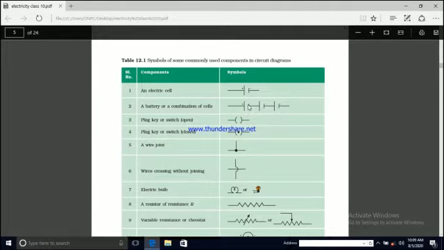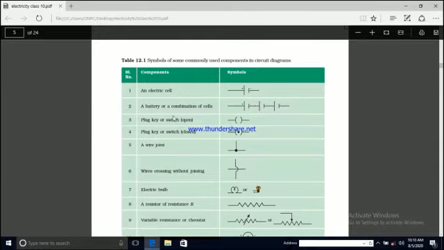The negative terminal of the first cell is connected to the positive terminal of the second cell, and the negative terminal of the second cell is in turn connected to the positive terminal of the third cell, and the negative terminal is in turn connected with the remaining components. So here the battery comprises three cells: first cell, second cell, third cell.